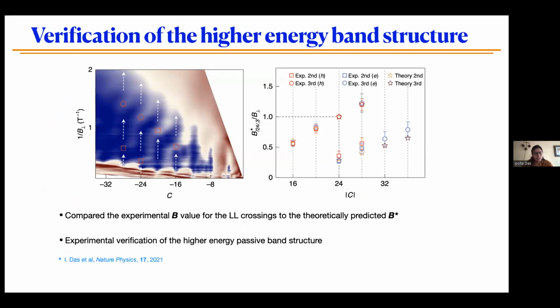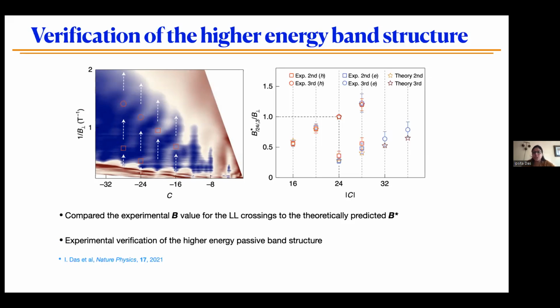So here we plotted the resistance again as a function of reverse magnetic field and Chern number. So for example, Chern number -16 gives me a Landau level with filling factor 16, okay? And then you see that these white dashed arrows continue, but at a point they get interrupted, and then at high magnetic field, they continue again, okay?